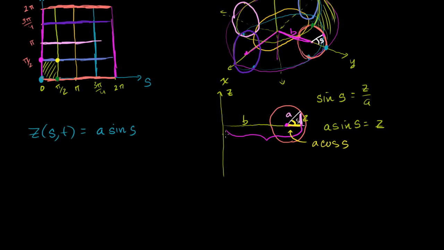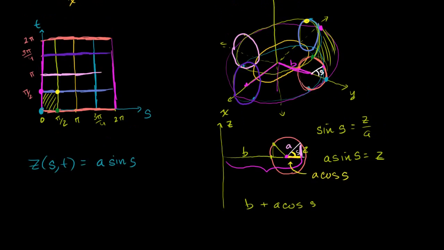So if we talk about just straight distance from the origin along the xy plane, our distance is always going to be b plus a cosine of s. When s is out here, a cosine of s becomes a negative number, and that makes sense because our distance is going to be less than b. We're going to be at that point right there.